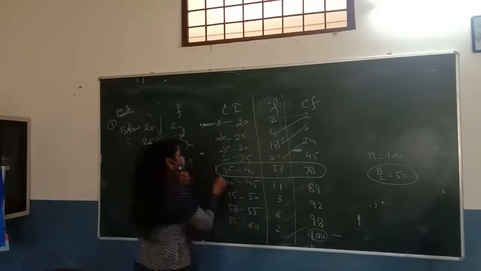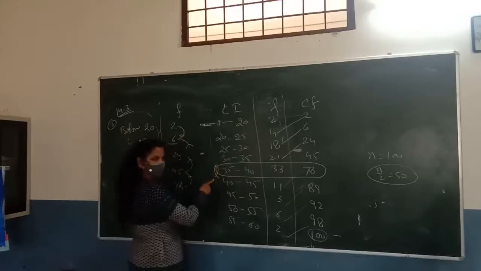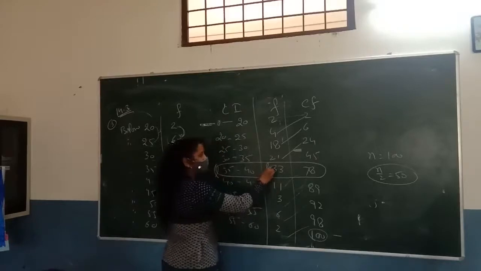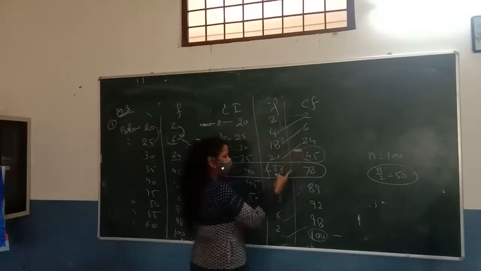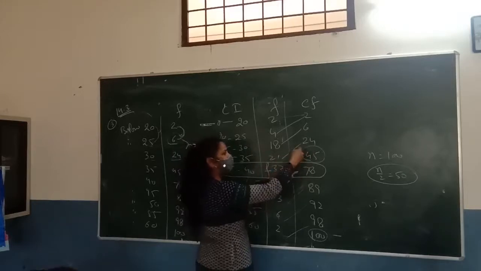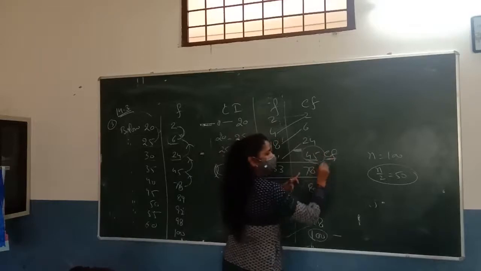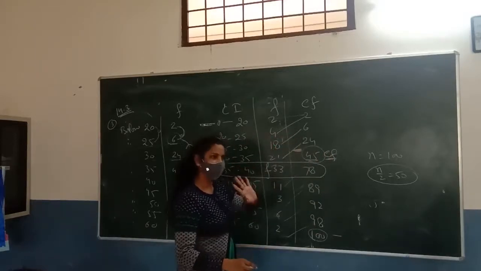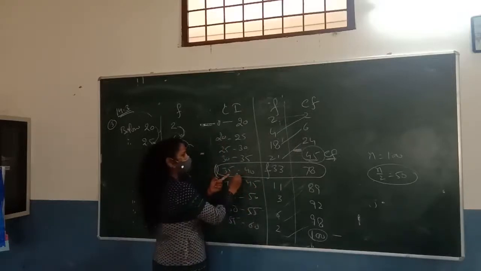Okay. So the lower limit of the median class is called L. The frequency of the median class is called F. The CF of the preceding class, the class before the median class, is called CF. Whatever the median class is, you have to choose the CF of the class above it, and that is called CF, okay? And H is the class size, which is 5.